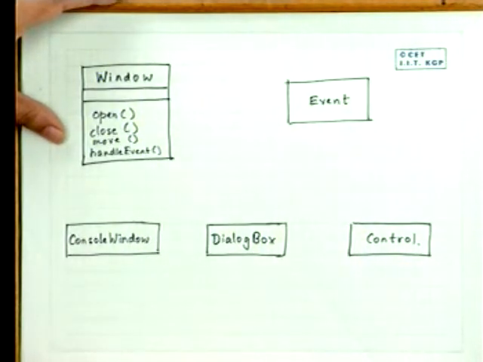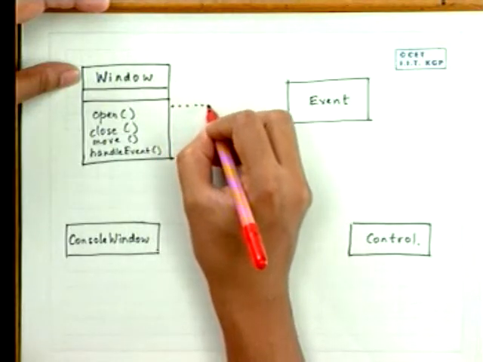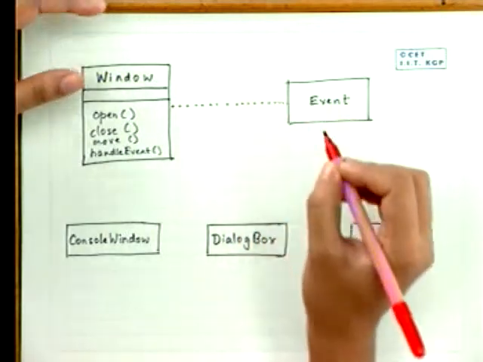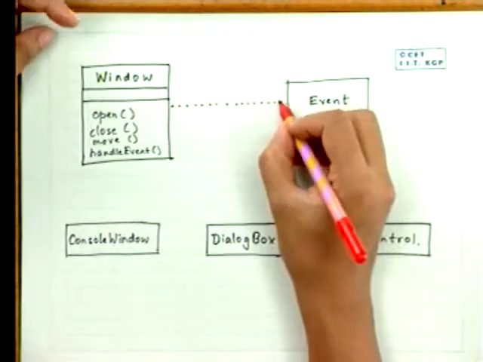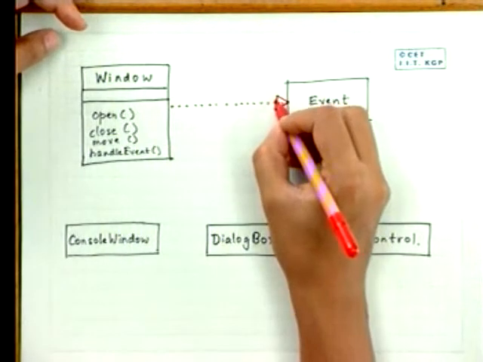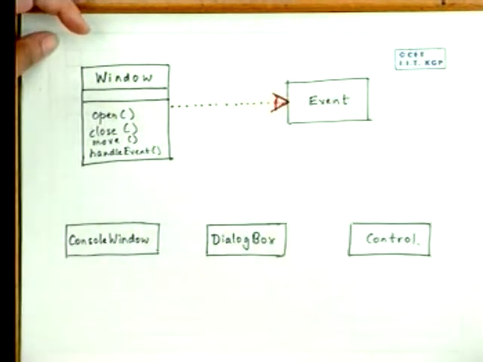Now let us see what are the relationships that exist between these classes. Firstly, there is a dependency relationship from window to event, as a window changes depending on the event. So this is a dependency relationship.